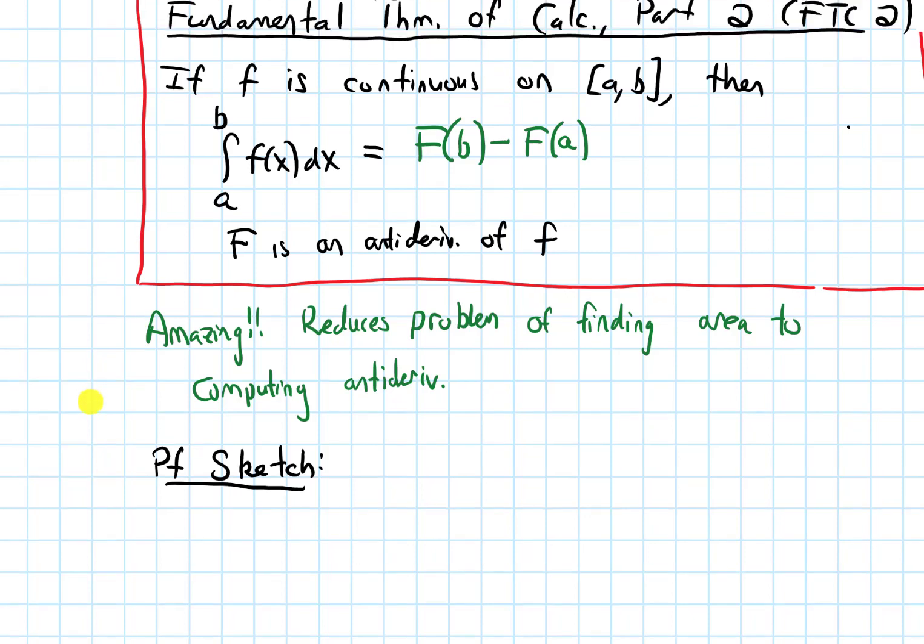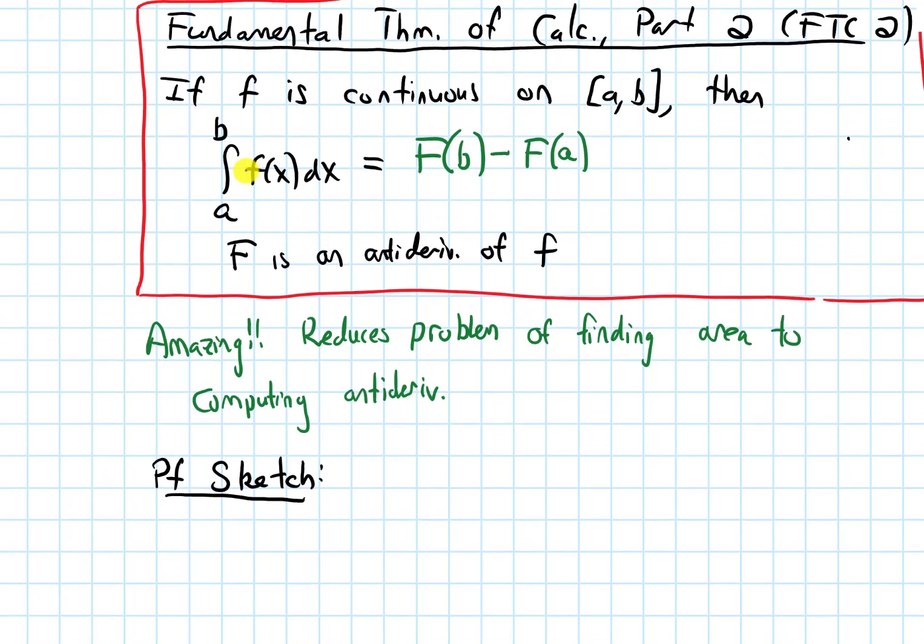Okay, so the way I'm going to do this is to introduce an area function. So I'm going to let g of x be the definite integral from a to the variable x of f of t dt. So this is an area function. It represents the area under the graph of f from a, the left endpoint of my interval, to x, where x is variable.